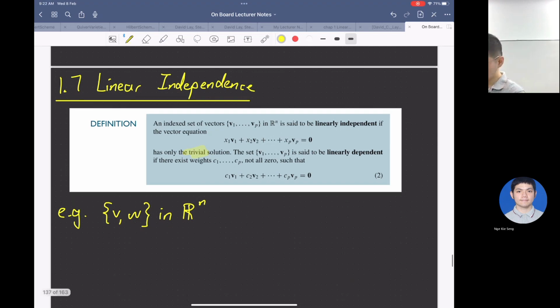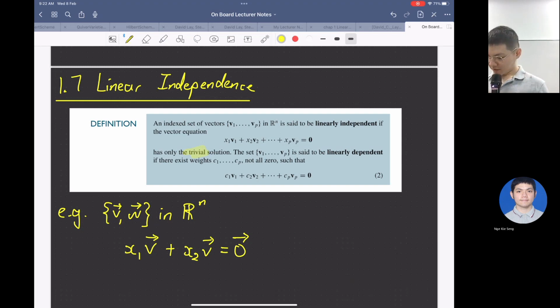You need to set up the vector equation first. I should put an arrow because this is a vector. So when are they equal? When does this vector equation equal 0? Any idea?